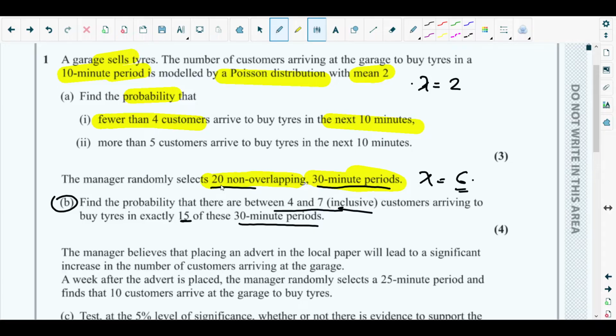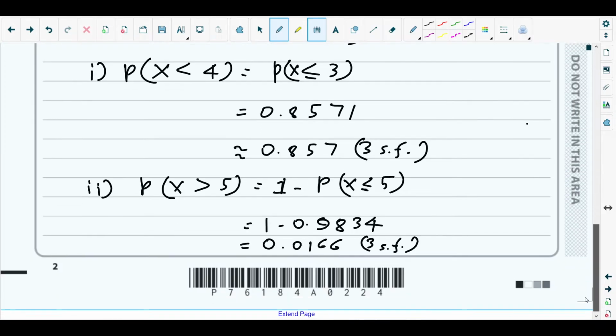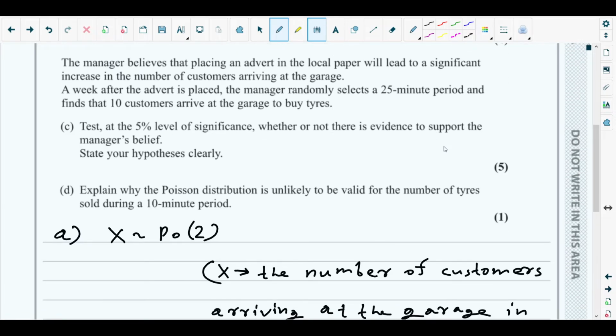Since it's fixed, it is distributed binomially. The number of 30-minute period samples that have between 4 and 7 customers arriving is distributed binomially, but the number of customers arriving is distributed Poisson. So we will consider two variables here for part B.